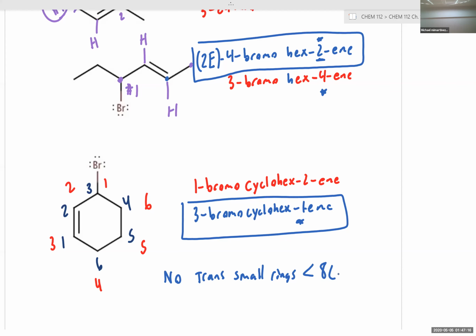So you don't have to worry about Z or E for cyclic alkene. Does that make sense to everyone? Can everyone visualize, or do you want me to bring a model out to show that you can't have a trans alkene in a 6-membered ring? Let's show that just briefly.